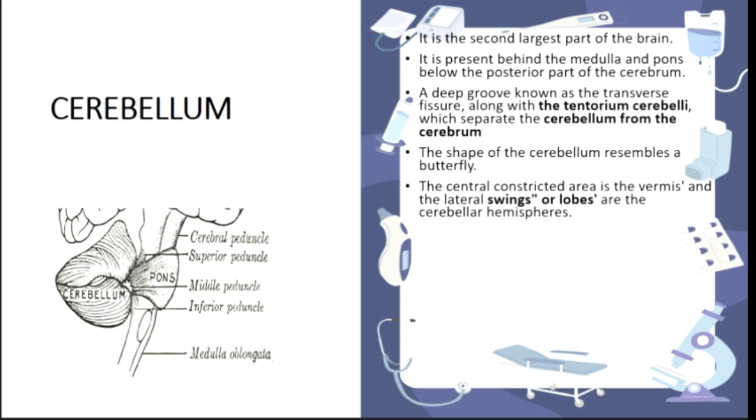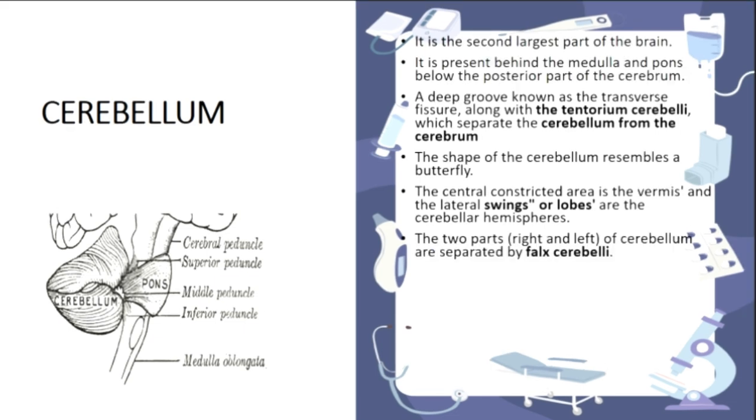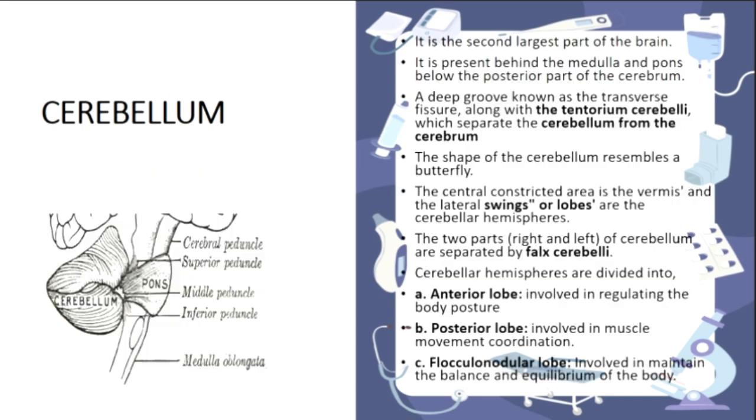So next is the shape. The shape of the cerebellum resembles a butterfly. The butterfly has two wings, right? When it is in the larval stage, you can see this particular structure in the butterfly.